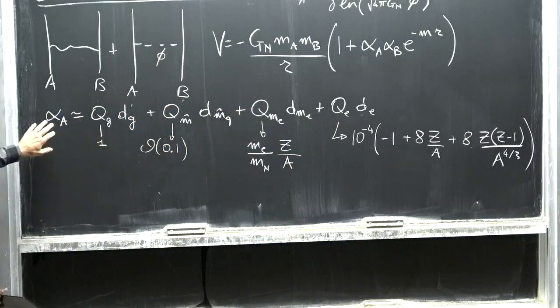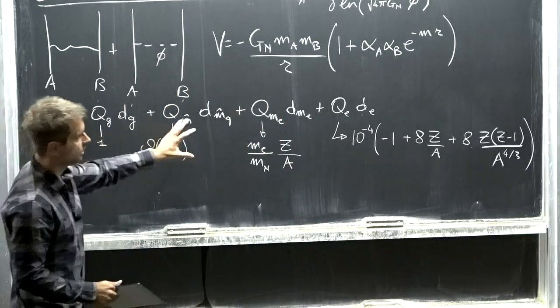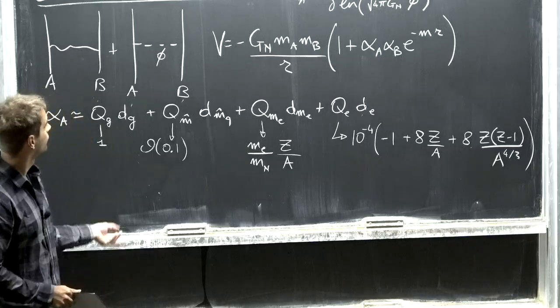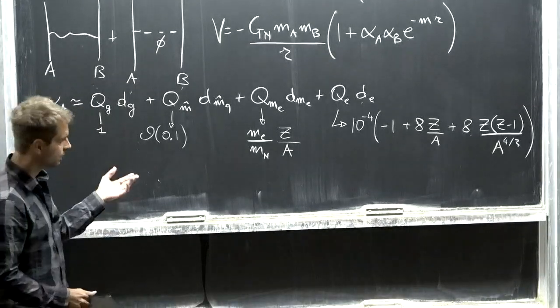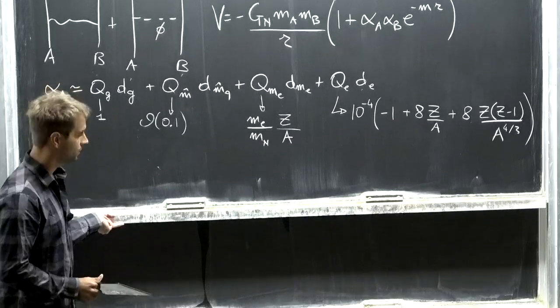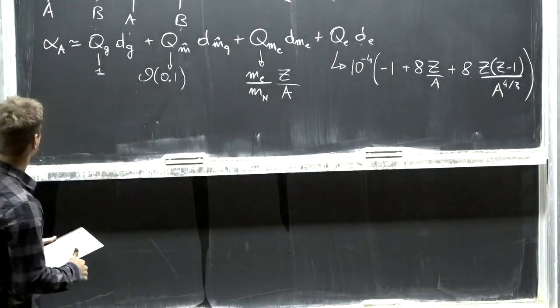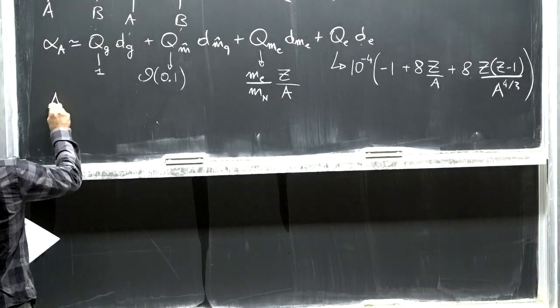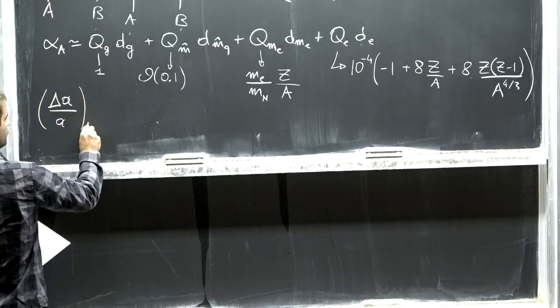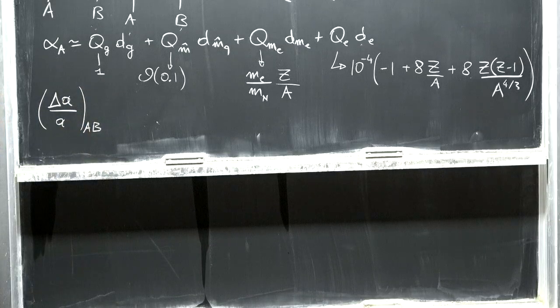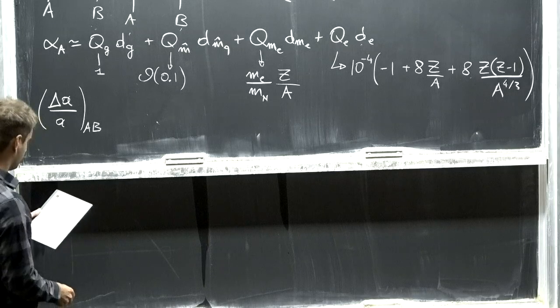So this is some empirical formula from nuclear binding energies. Okay, so the fact that these forces depend on the chemical composition of the two gravitating bodies means that the weak equivalence principle is violated, right? So what you can do is you can look for the differential acceleration of two bodies A and B in the potential of a third one, like that of the Earth.